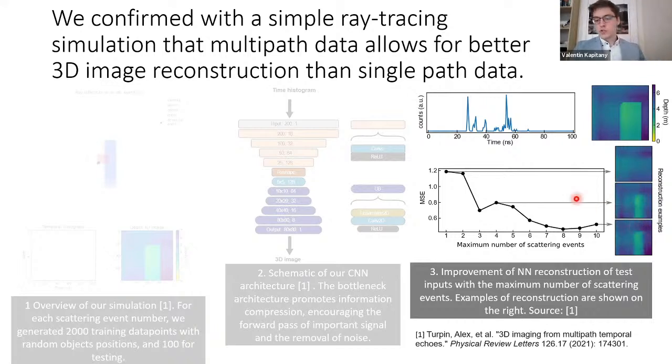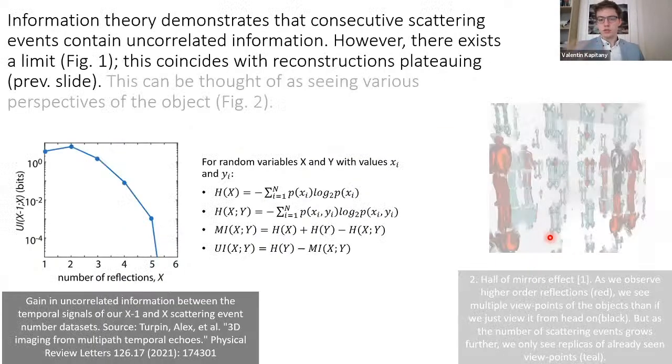We also observe that this improvement in reconstruction doesn't go up ad infinitum. It experiences a plateau after around 6 scattering events. And this led us on to examine our data in more detail. So we undertook an information theory study, which demonstrated that consecutive scattering events contain uncorrelated information.